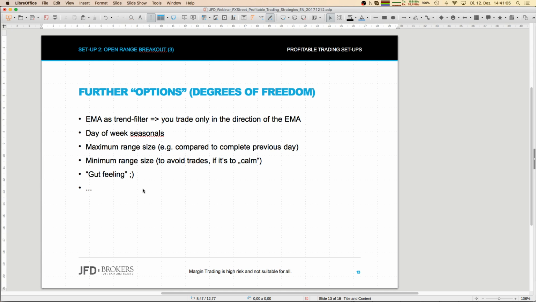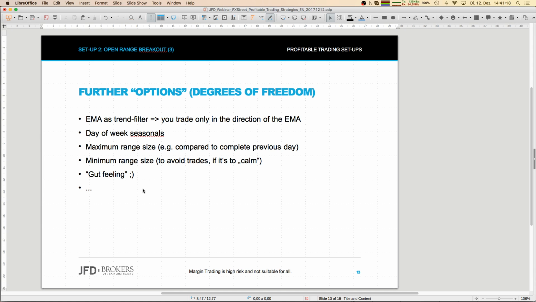If we have an EMA within the chart, we simply ask, are we below or above the EMA? Same question then for the DAX daily seasonal. And we only place the order in the direction of the EMA, which means if our price is above the EMA, then we only place the long order. And if we are below the EMA, then we only place the sell stop order.